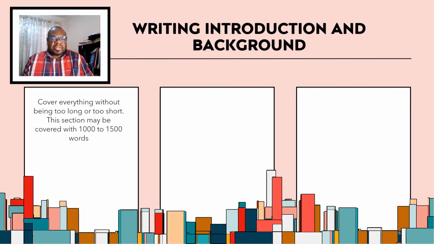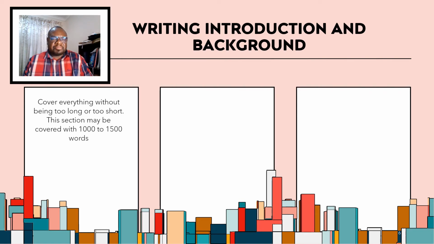Try by all means to cover everything without being too long or too short, because your introduction and background need to be straight to the point, and it does not need to be very long, but you need to cover every element of the study.